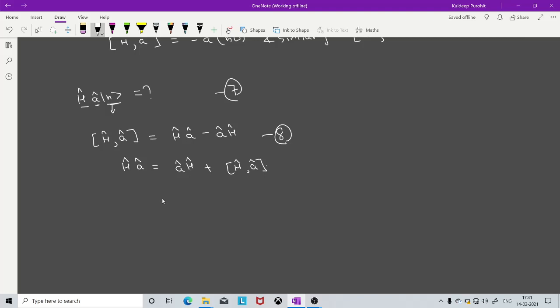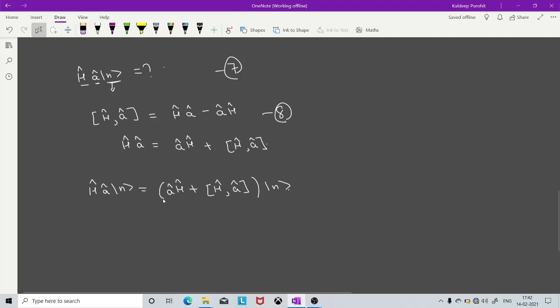So plugging this quantity into 7, instead of 7 I can write that h into a, when operating on n, can be written as a into h plus h comma a operating on n. You already know the value of this.